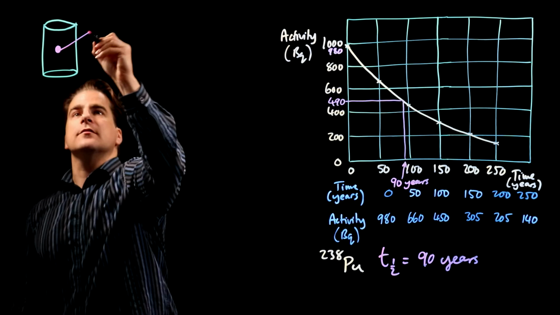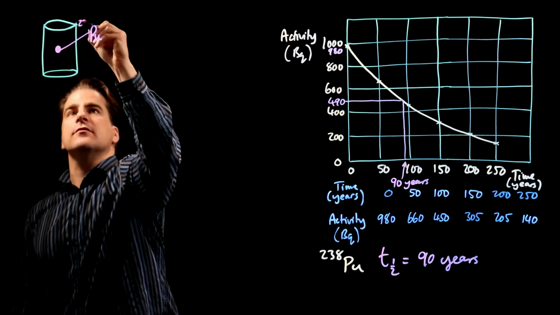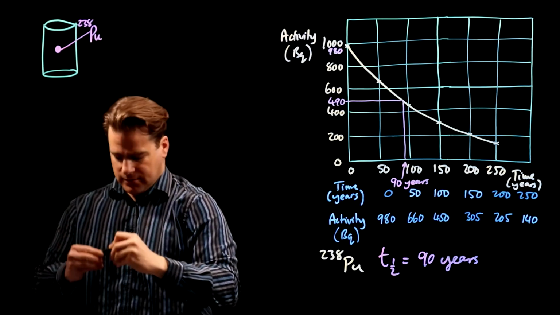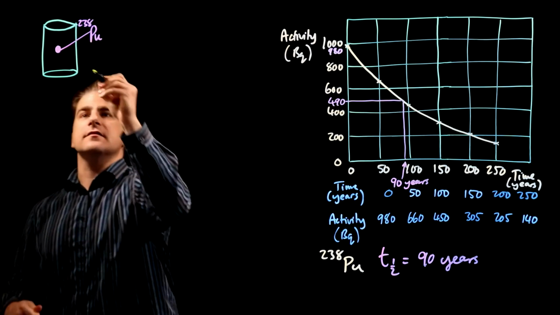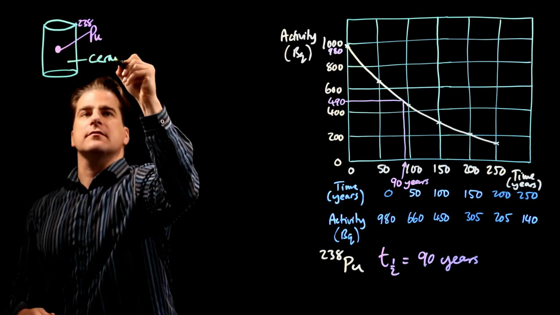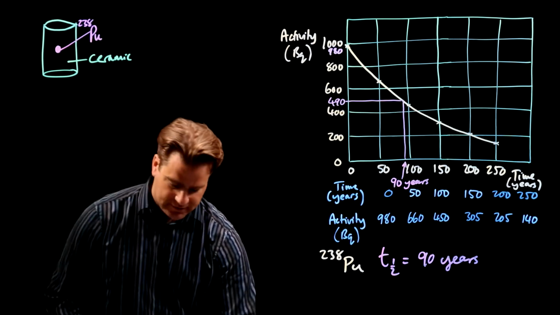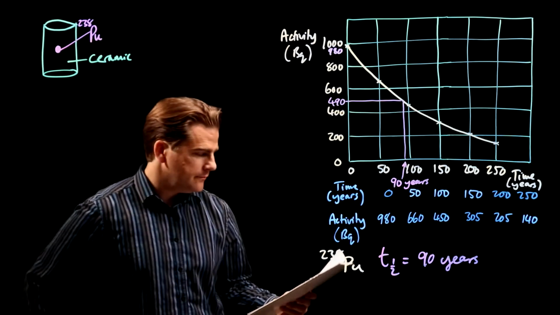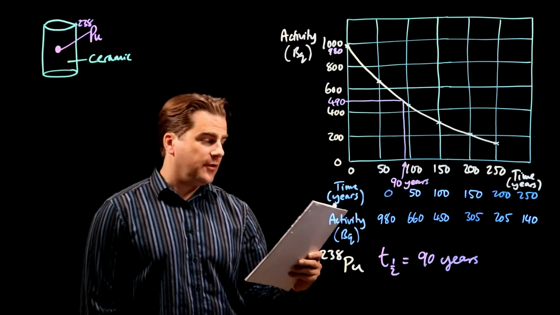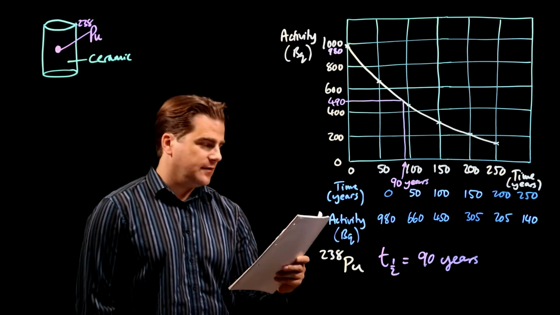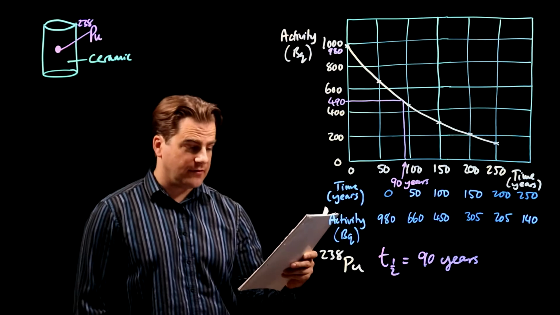So that's the plutonium-238 and this is ceramic. So plutonium transfers thermal energy as it decays. This energy is used to power heater units in spacecraft.